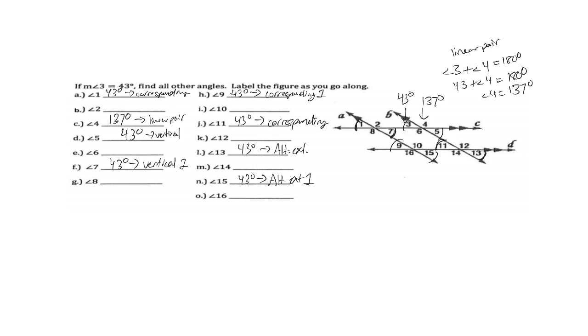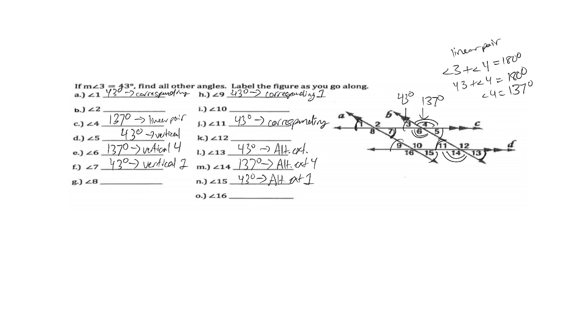Now let's look at what's congruent to 4. Well, 6 is vertical to 4, so 137 degrees, vertical to 4. Alternate exterior would be 14, so 137, alternate exterior to 4.